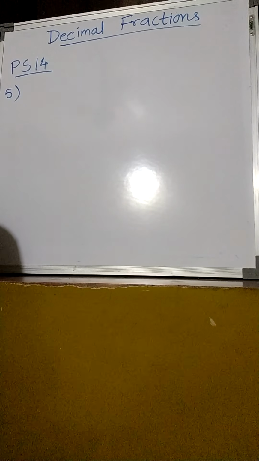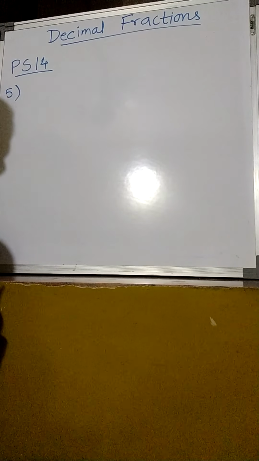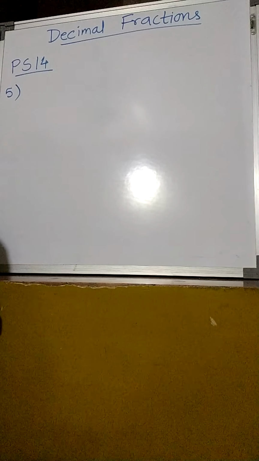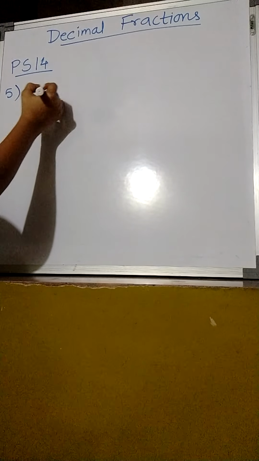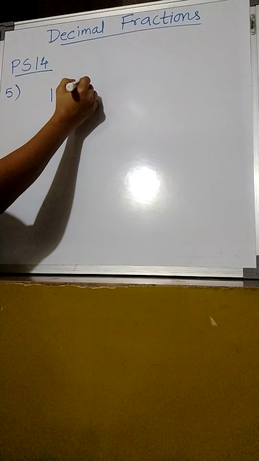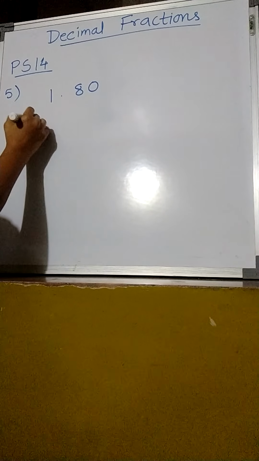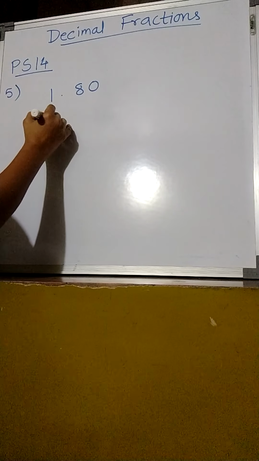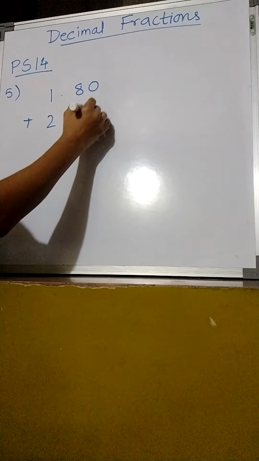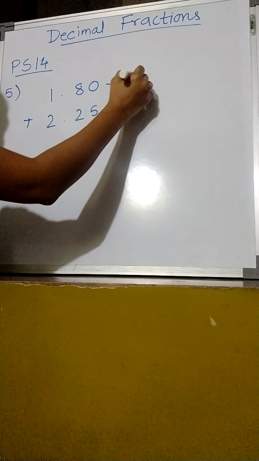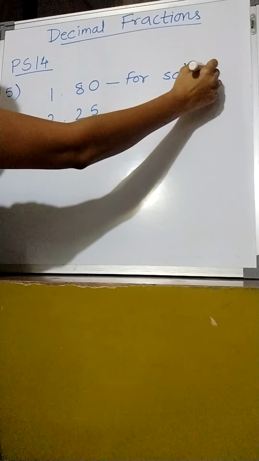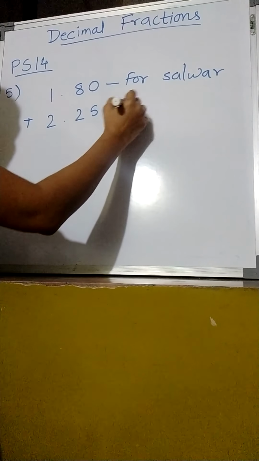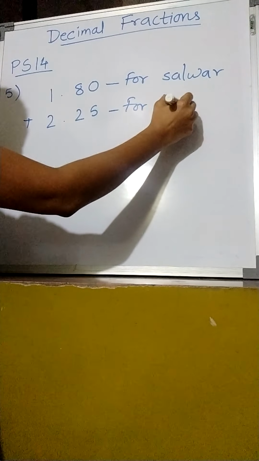Now see, only one unit is given, that is meter. How are you adding it? 1.80 plus 2.25. This is for salwar and this is for kurta.